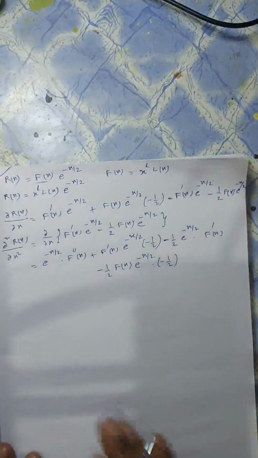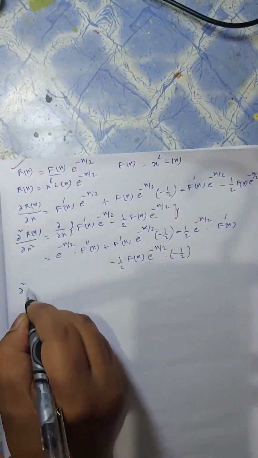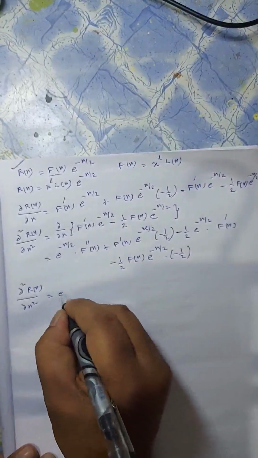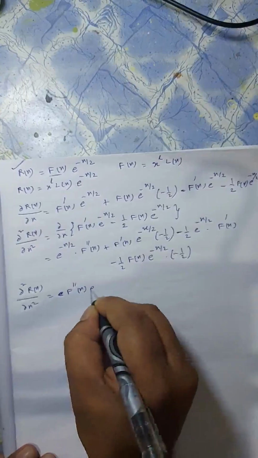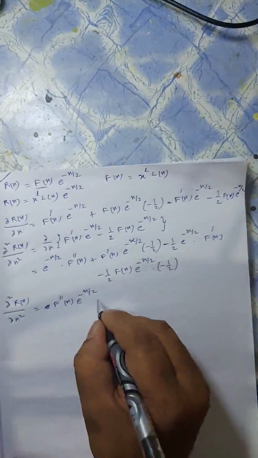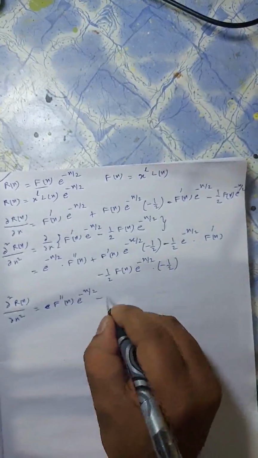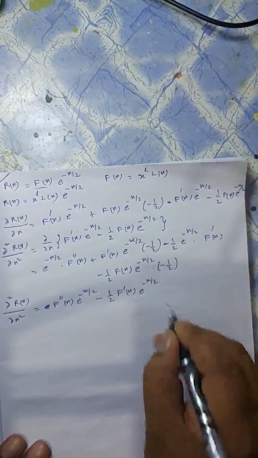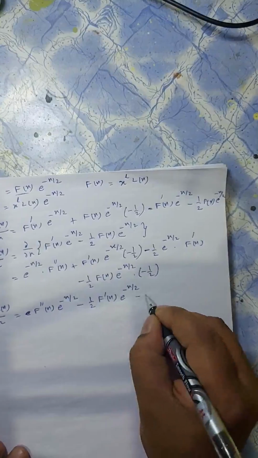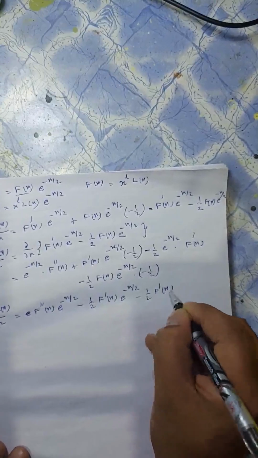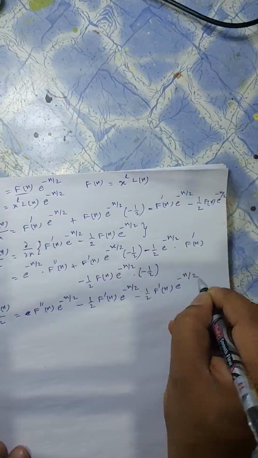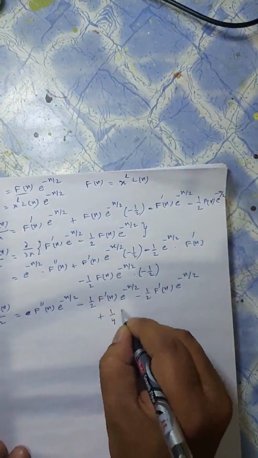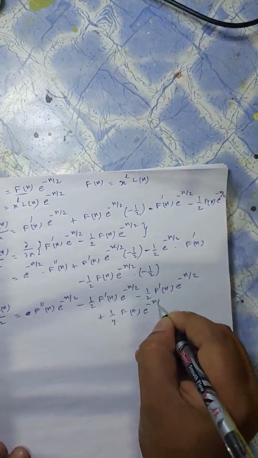Okay, then you have to make the second derivative of this, del square R(x) by del x square. I take this one first, f double dash x e to the power minus x by 2. Here is what we get, minus half f dash x e to the power minus x by 2, then here minus half f dash x e to the power minus x by 2, then minus minus plus, half into half is equal to 1 by 4 f(x) e to the power minus x by 2.